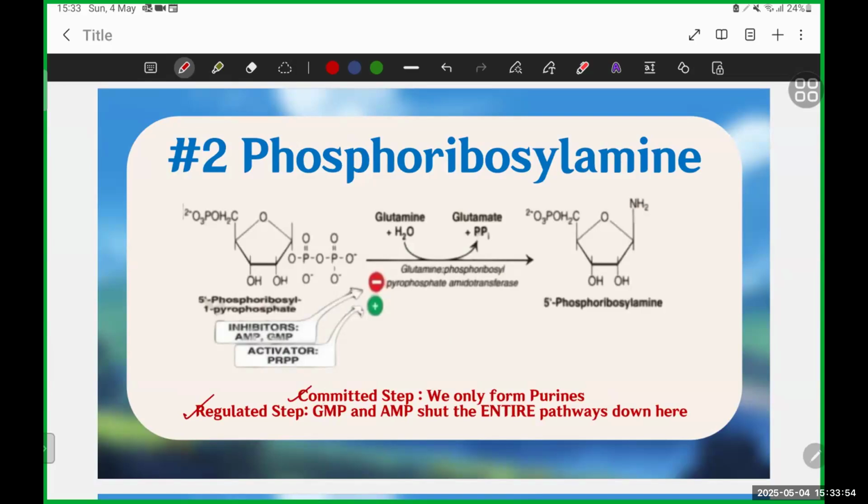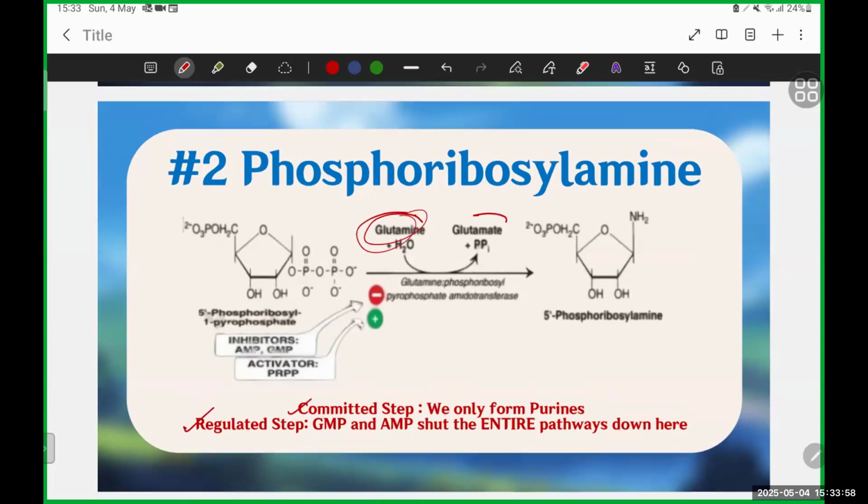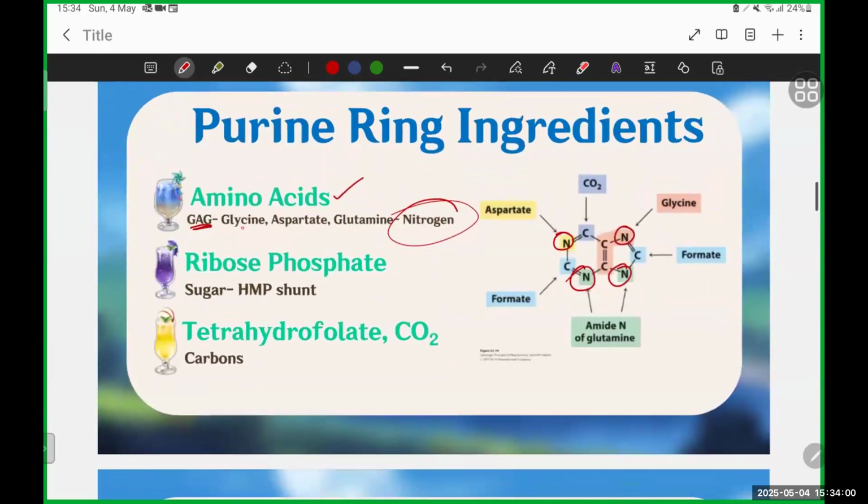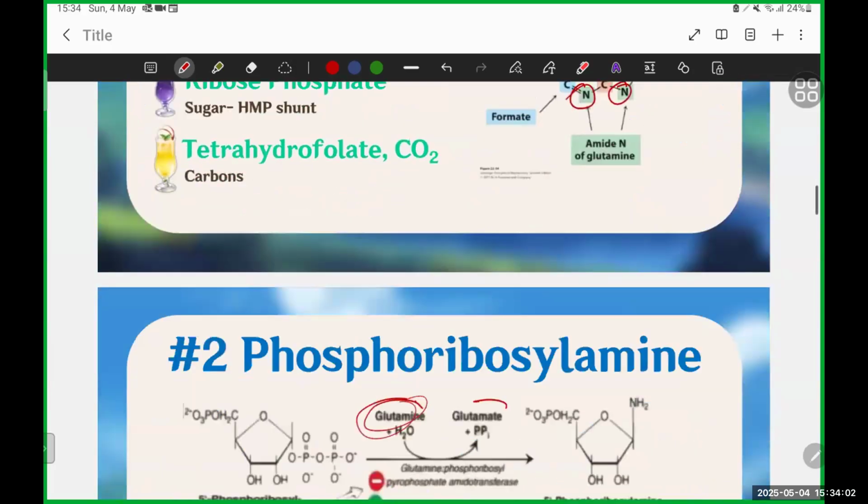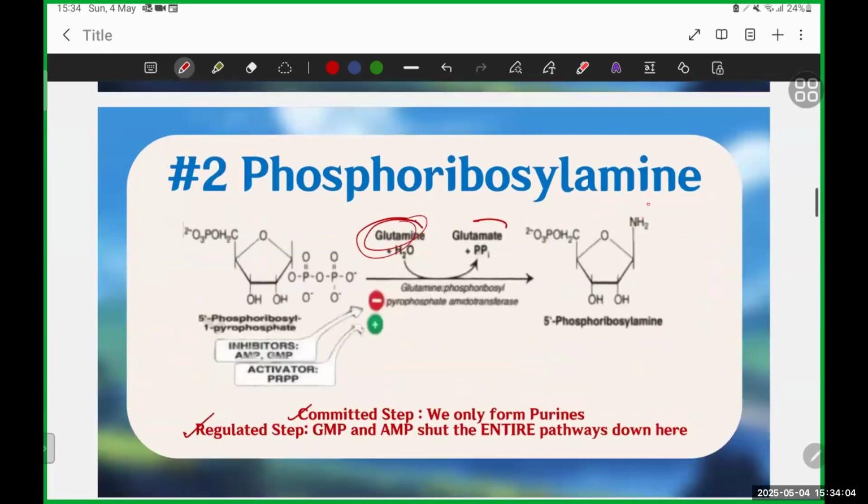What happens in this is that first you have the glutamine, and we said the glutamine amino acid is for nitrogen. It's going to give us the nitrogen. It's going to leave, and then we have the water. The glutamine, and then you basically have something called phosphoribosylamine, right?